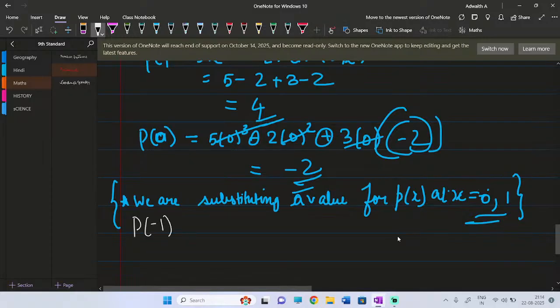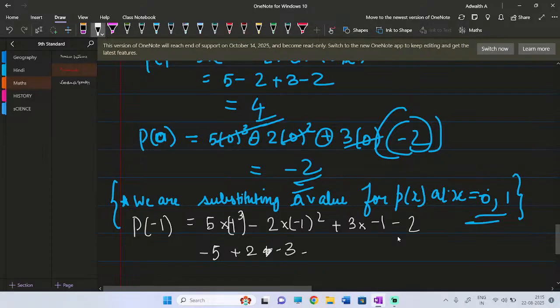P of minus 1 is 5 into negative 1 cube minus 2 into negative 1 square plus 3 into negative 1 minus 2. 5 into negative 1 cube is negative 5, minus 2 into negative 1 square is positive 2, plus 3 into negative 1 is negative 3, minus 2.